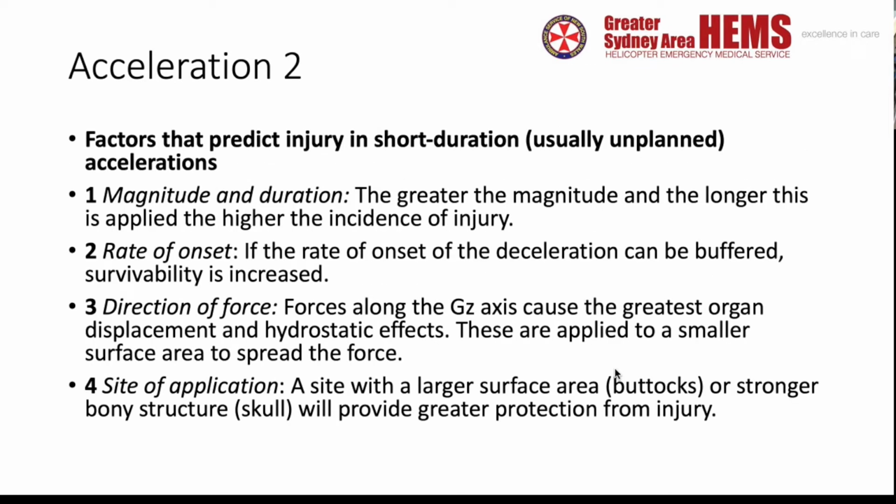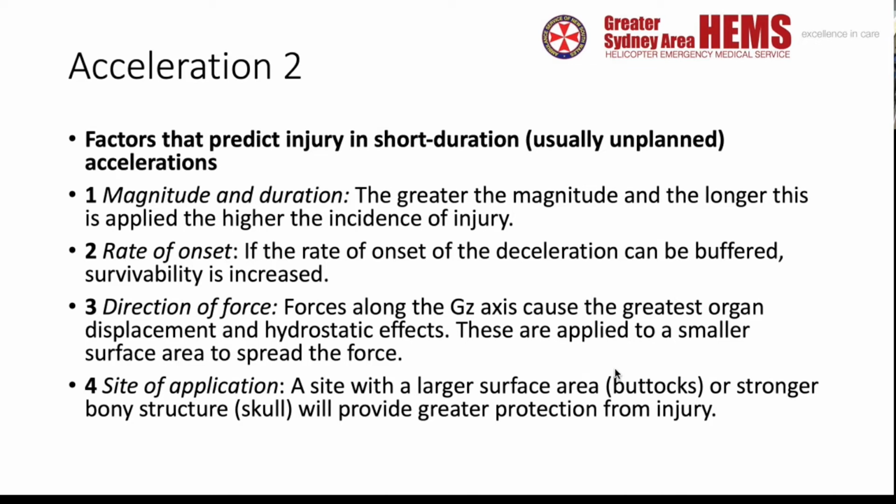Then, from the ABC of Retrieval Medicine, these are factors that predict injury in short duration accelerations. These are accelerations that are normally unplanned, either caused by unexpected turbulence or an aircraft malfunction. As makes complete sense, the greater the change and the longer the change is for, the higher the incidence of injury.